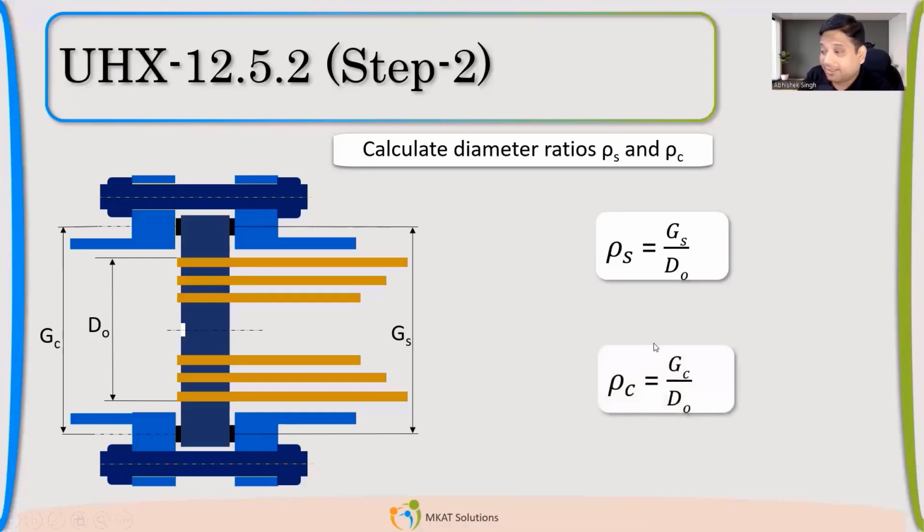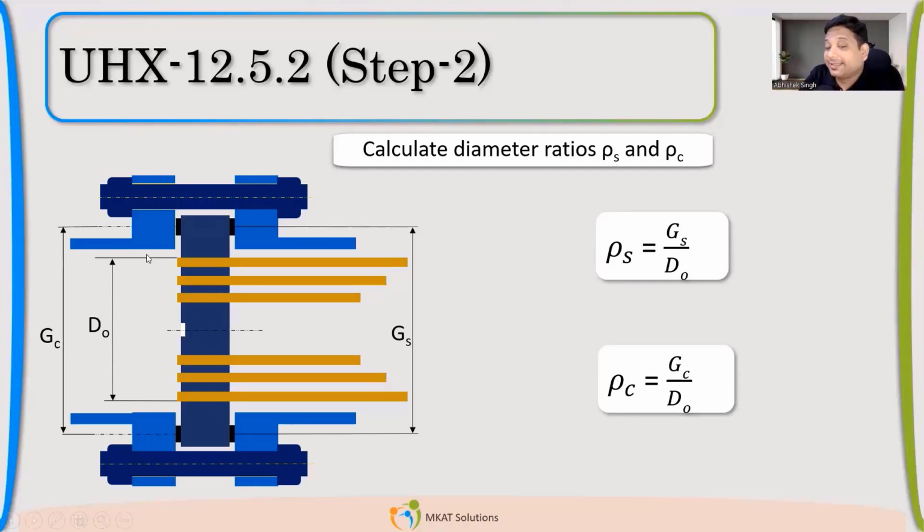Rho S and rho C. Rho C is for the channel side, so the same parameters: GC, which is again the gasket reaction for the channel side, divided by D naught. In most of the cases, it will be the same, because GS and GC typically have the reaction at the same location.